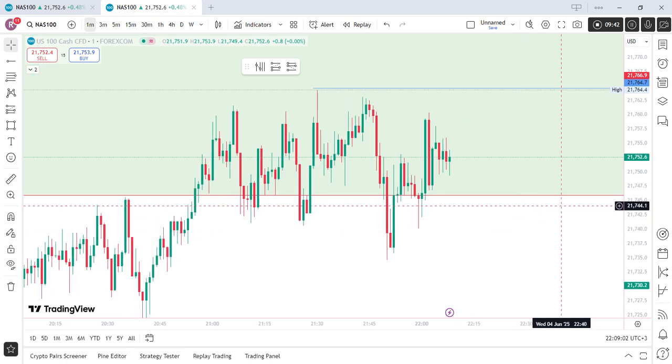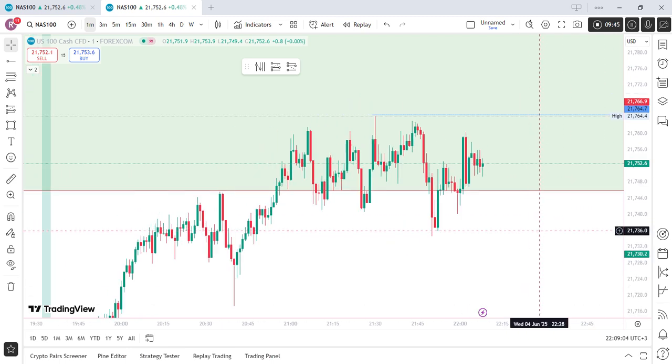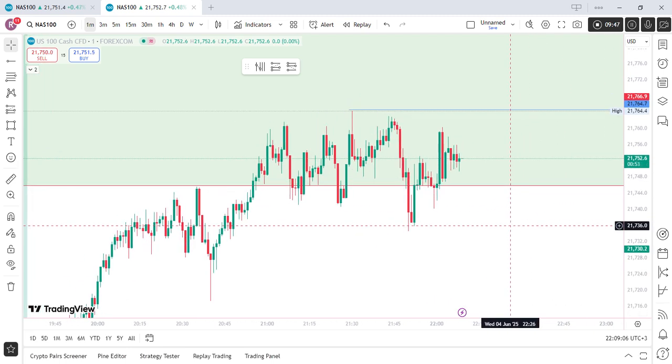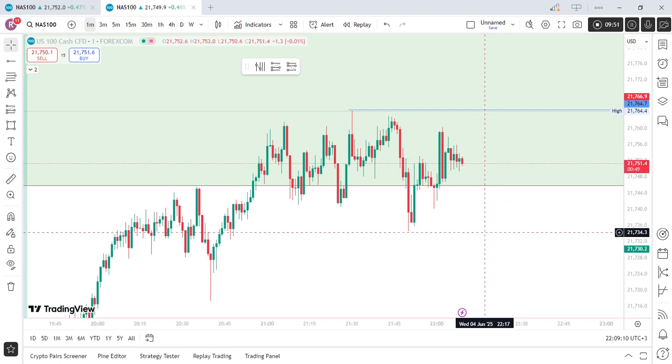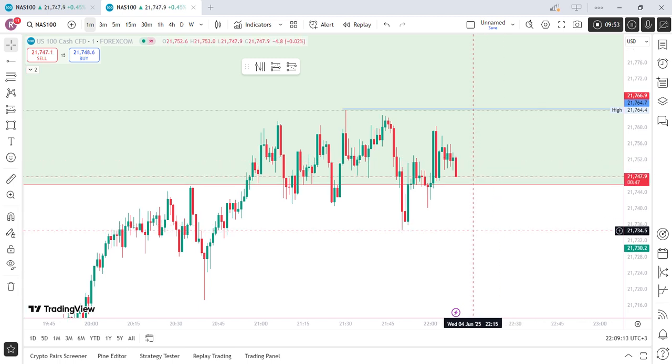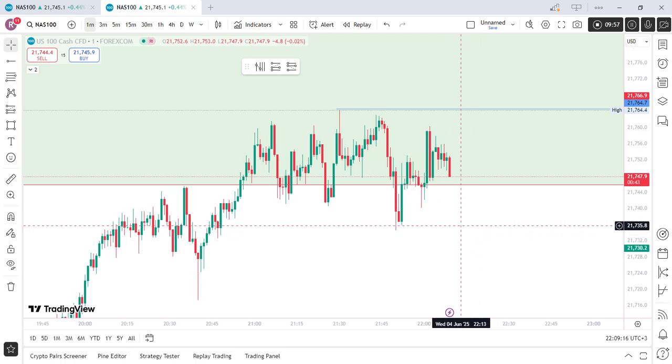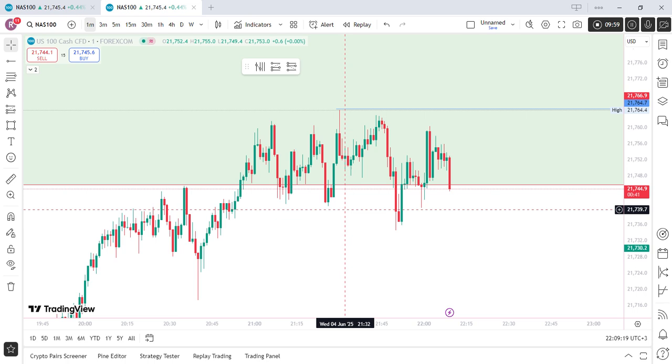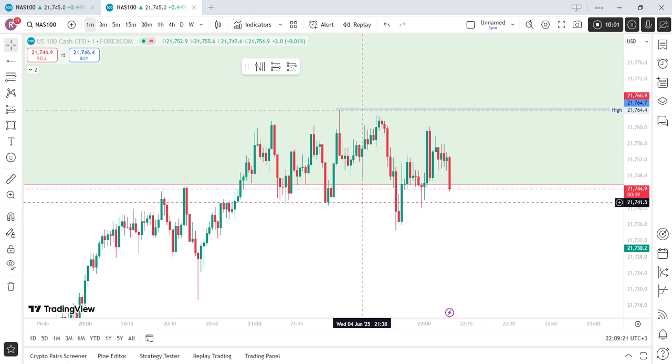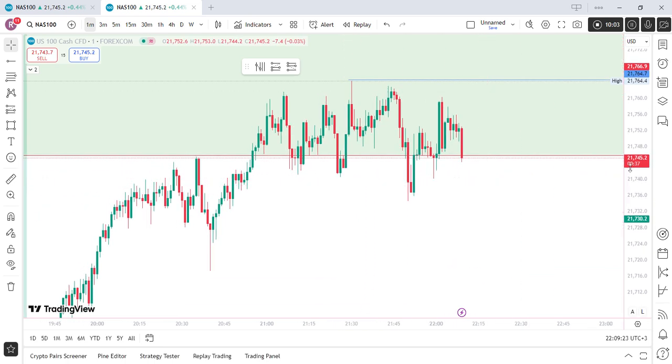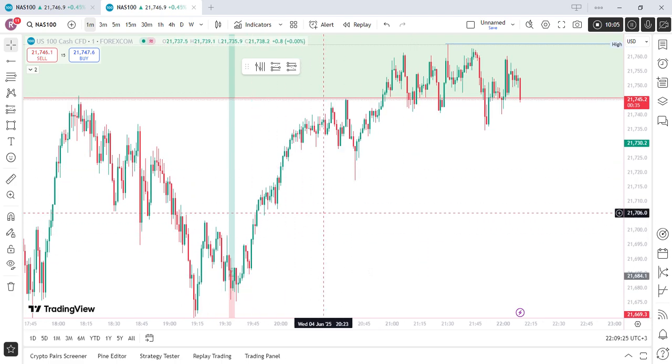But remember, when using the relative equal highs and relative equal lows to enter, ensure that you have a bias. You know where the market is headed, because if, for example, the market is very bearish on a higher time frame and you are trying to go bullish, it will not work. It will go against you. For example, as you can see, the order flow here is very bullish.